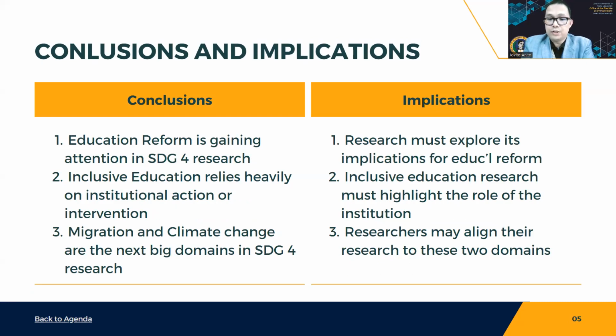For us as researchers, when we do research on inclusive education, we must highlight the role of the institution. We are not saying that we discount the role of the individual learners who are vulnerable or disabled, but we have to prioritize the impact of our studies on the institutional scale rather than on the individual scale. And finally, we look at migration and climate change as the next big domains on SDG 4.